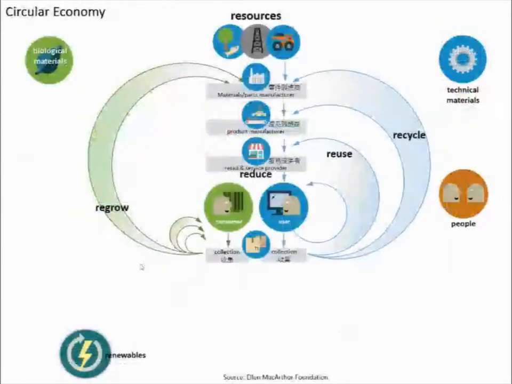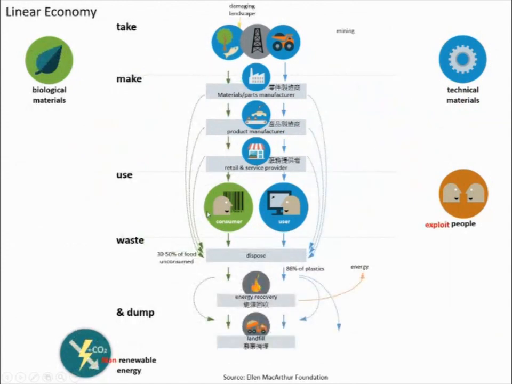So that's the metaphor of a circular economy, where instead of an input-output system, we keep everything in the economy and keep it looping and looping again, versus the linear economy, where we're taking things from nature, making something of it, using it, then wasting it and dumping it into nature.